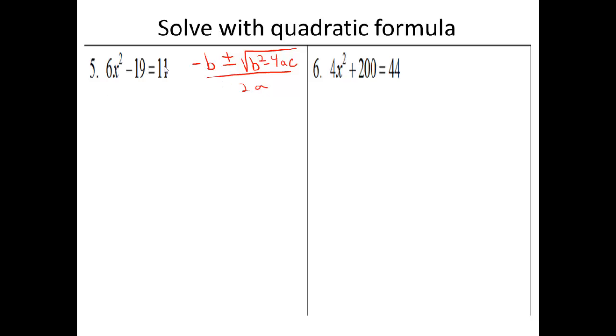So now as we rewrite this problem, we're going to subtract 11 from both sides. We end up with 6x squared minus 30 equals 0. Now again, looking at this, this is going to be our a. We have no b, and this is going to be our c. So a equals 6, b equals 0, c equals negative 30.